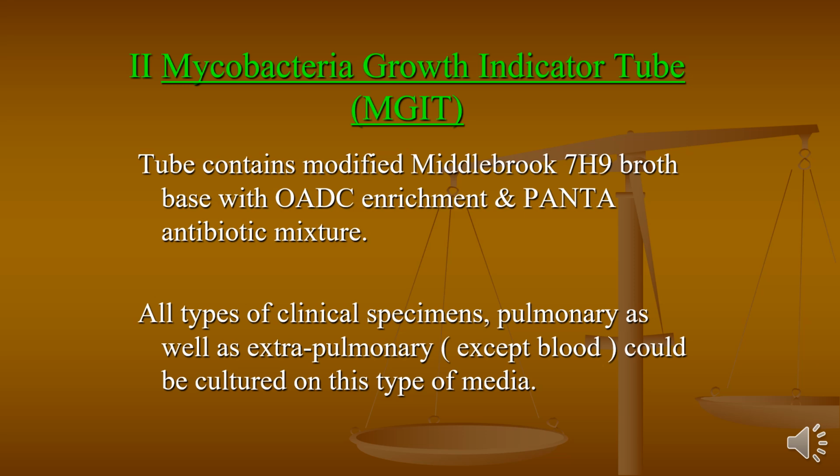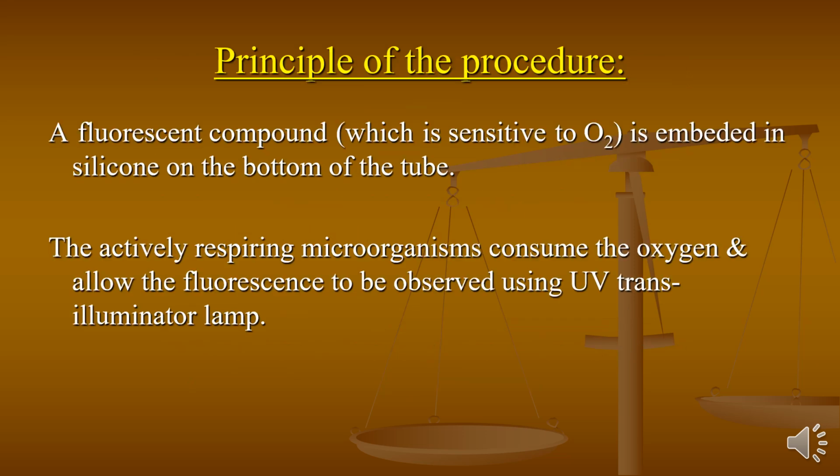Next is the Mycobacterium Growth Indicator Tube. This tube is a modified Middlebrook 7H9 broth with OADC enrichment and PANTA antibiotic. All types of clinical samples, pulmonary as well as extrapulmonary, except blood, which is an inhibitor, can be used in this media. Principle of procedure: a fluorescent compound is embedded in the silicone bottom of the tube.